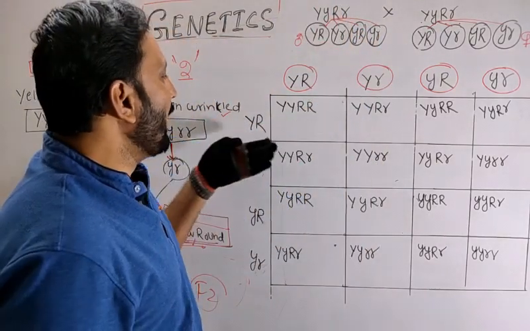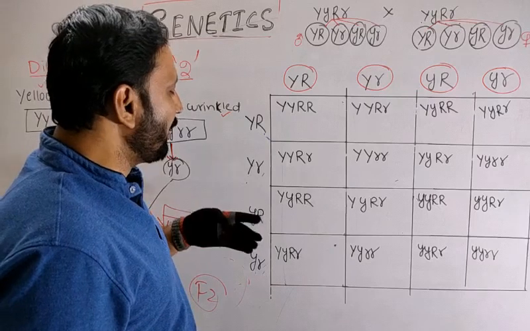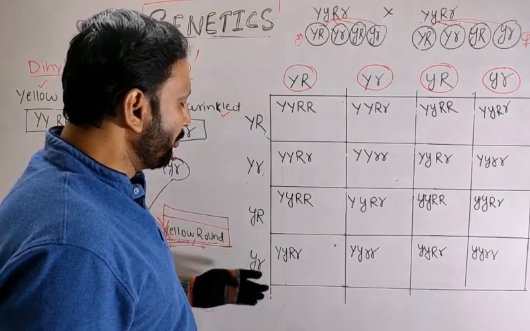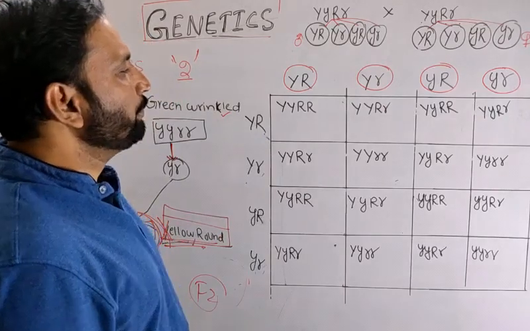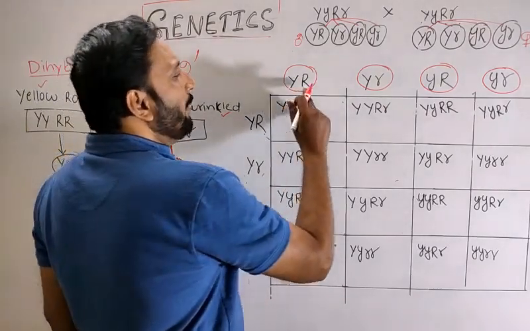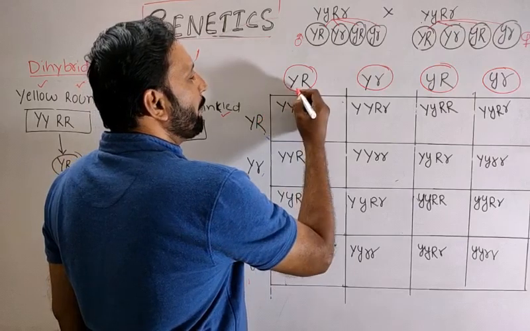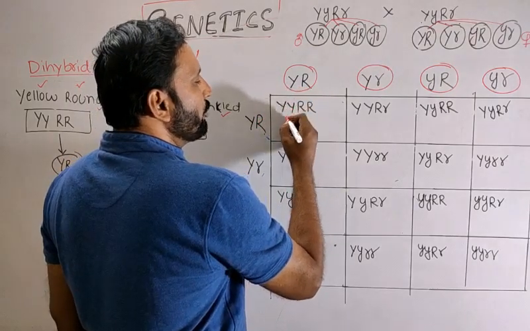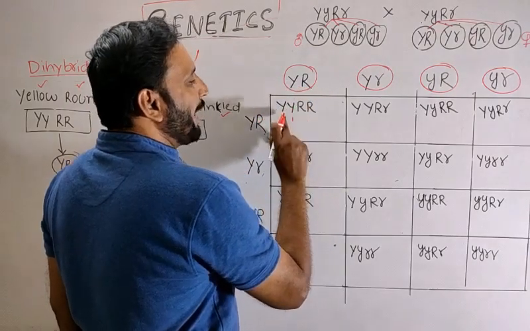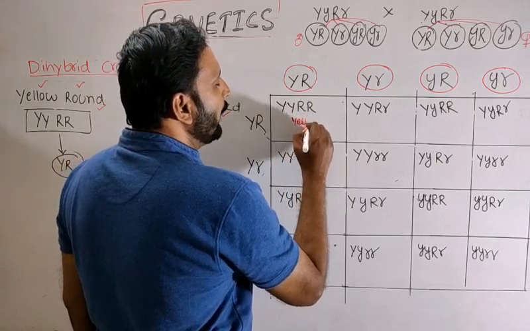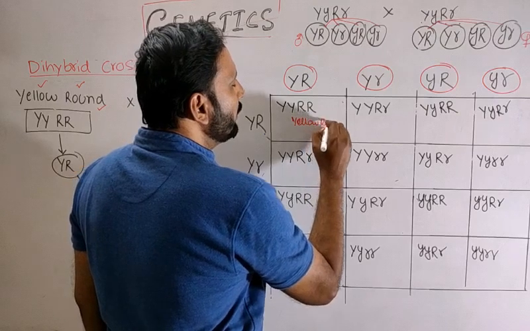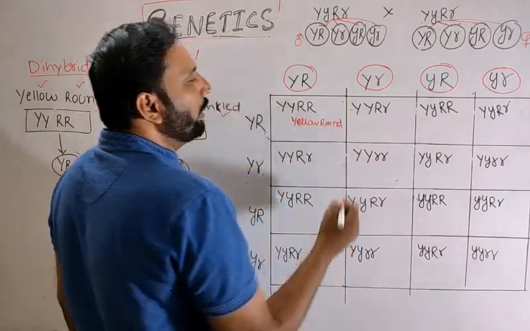From that parent also, the same four gametes: capital Y capital R, capital Y small r, small y capital R, small y small r. When these gametes fuse, the plant is capital Y, capital Y, capital R, capital R. This is completely homozygous yellow round.